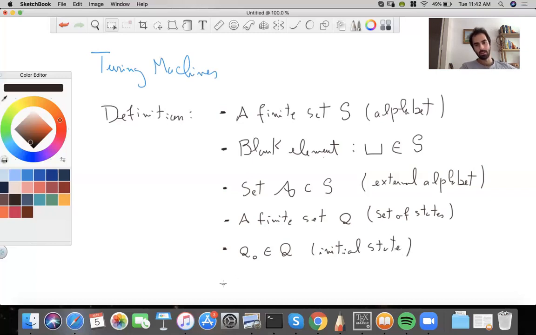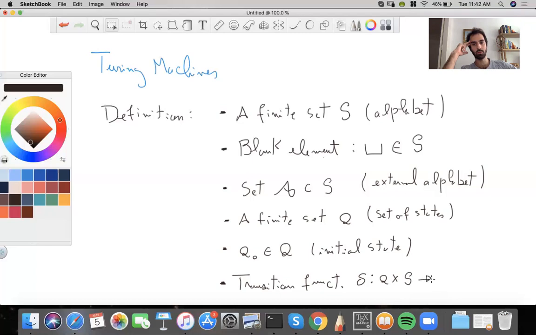And finally, we're going to be needing a transition function. What is this? So this is represented by this delta letter. And it's a function that takes a state and a set of characters from the alphabet.